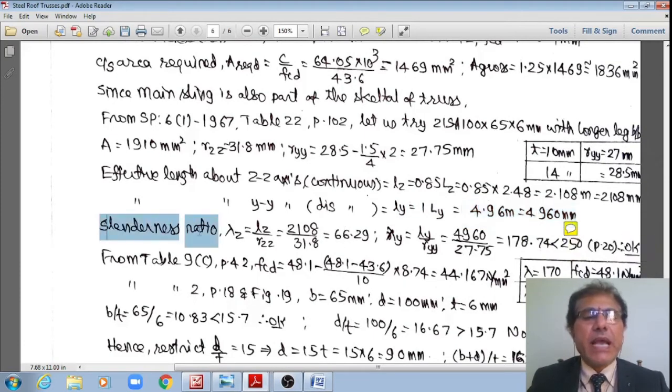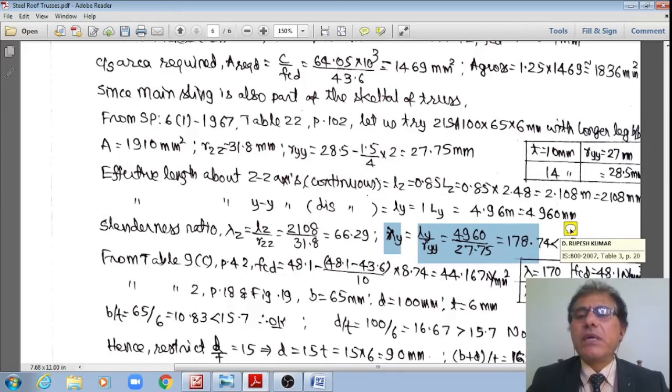Therefore, the actual slenderness ratio about the major axis lambda z is equal to Lz divided by rzz. It now works out to 2108 divided by 31.8, or say 66.29. Similarly, the actual slenderness ratio about the minor axis lambda y is equal to Ly divided by ryy, which is equal to 4960 divided by 27.75, or 178.74.